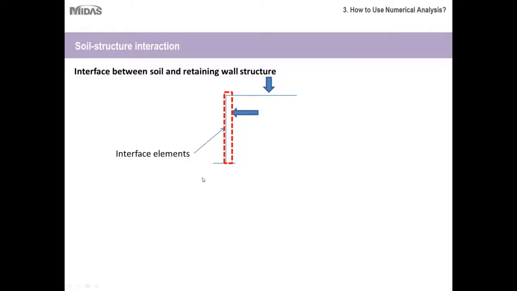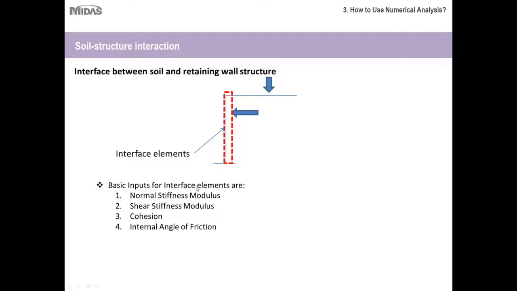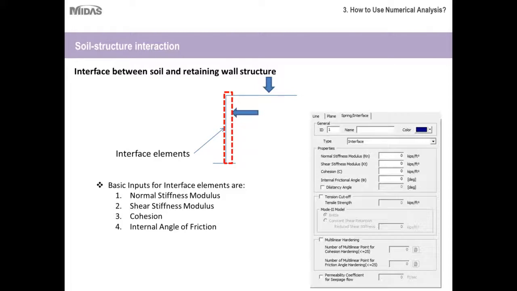And this interface element has various types of input values where you have to enter the normal stiffness modulus, which would be perpendicular to the wall surface and directly resisting or responding to the driving forces, and then the shear stiffness modulus, which would be basically responding to the vertical or the surcharge forces. Then cohesion, that will determine the relative slipping, and the internal angle of friction.